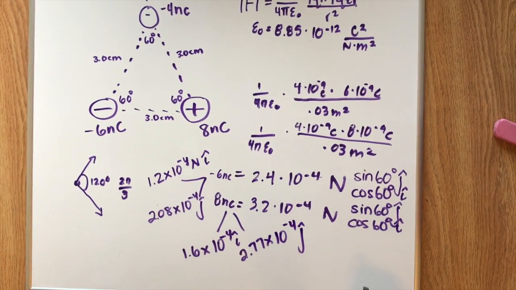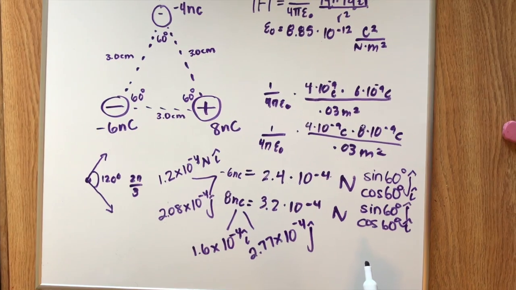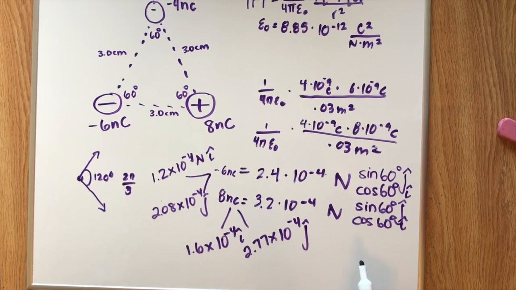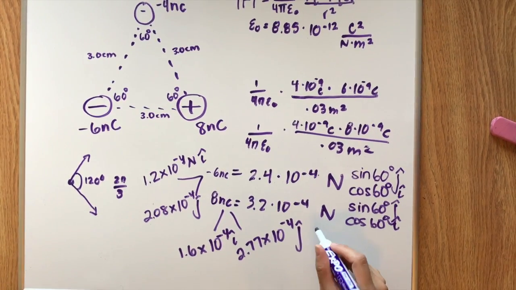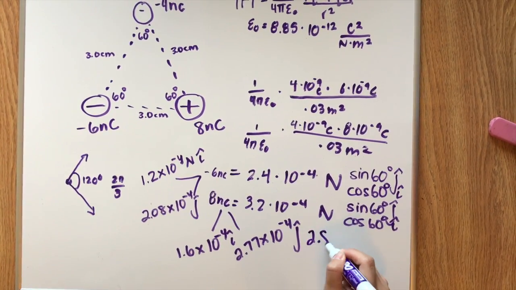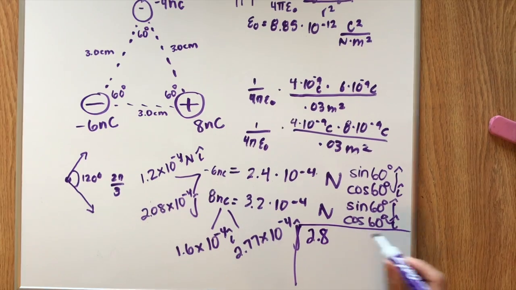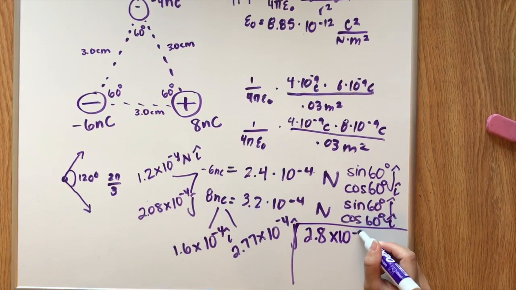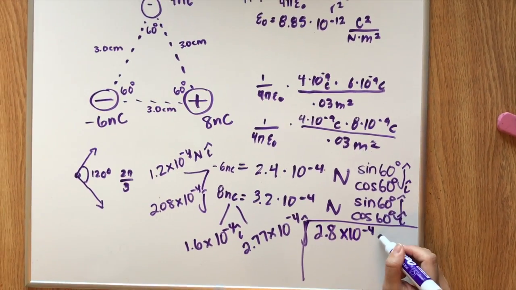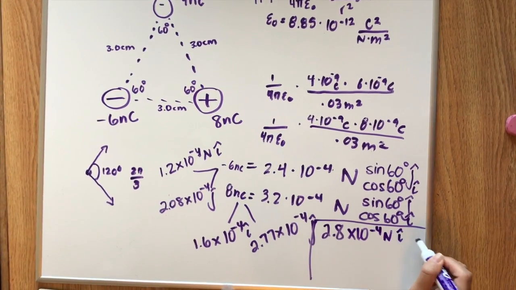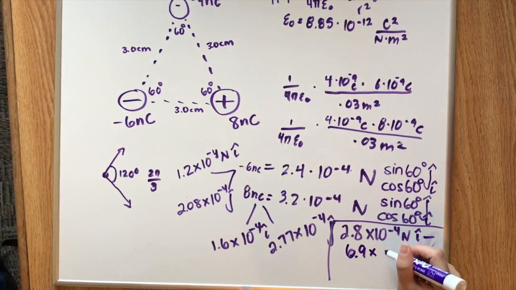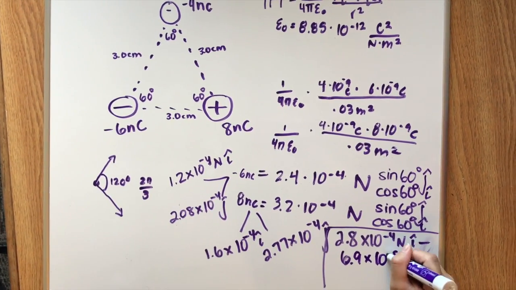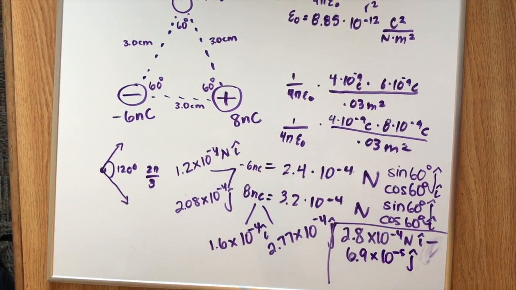And then once you combine these components like we did for the electric field, you'll get the total i hat being 2.8 times 10 to the -4th newtons i hat, and 6.9 times 10 to the -5 j hat.